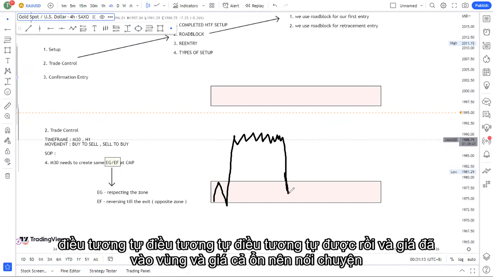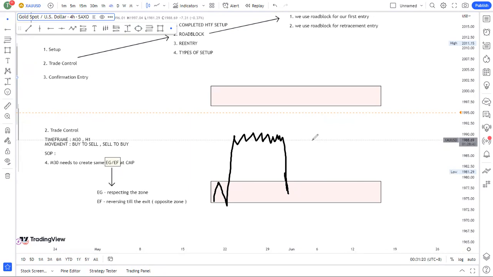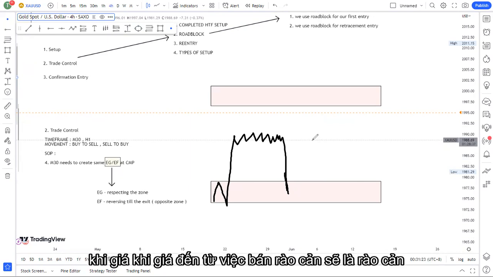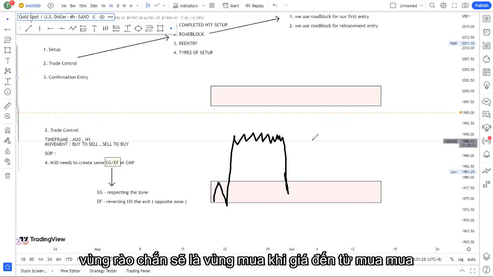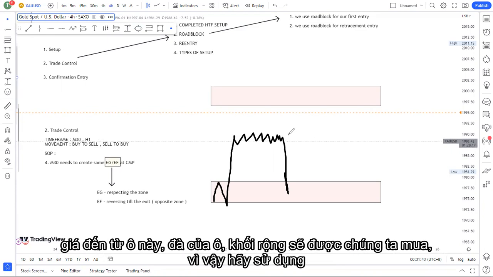Talking about the roadblock: when the price came from sell, the roadblock zones will be the buy zones. When the price came from buy, the roadblock is our sell zones. So when the price comes from this sell momentum, the roadblock will be on our buy.